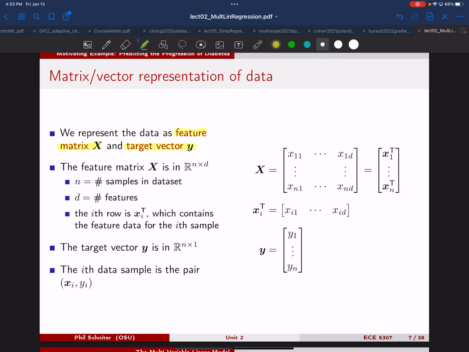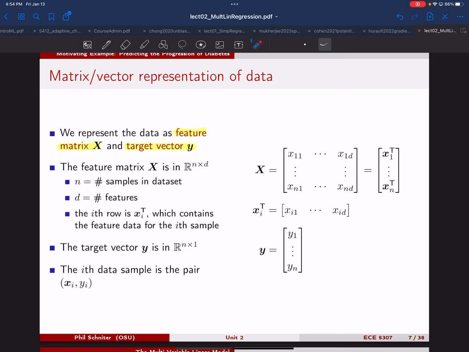Another important thing is that whenever you see a vector with no transpose on it, it is a column vector. Anytime there's a row vector, you're going to see an explicit transpose in the notation. That makes it easy to see what you're working with, so you don't have to guess.